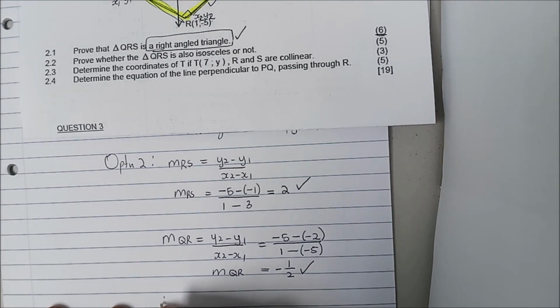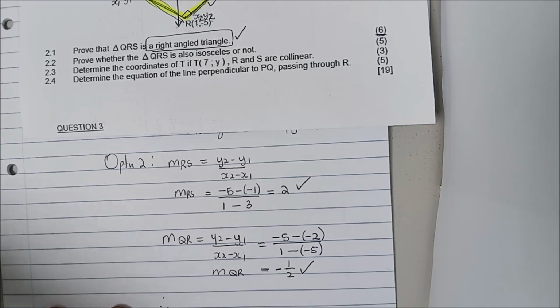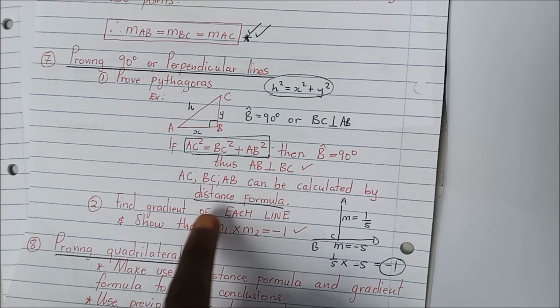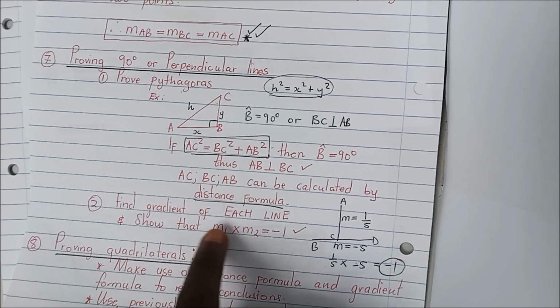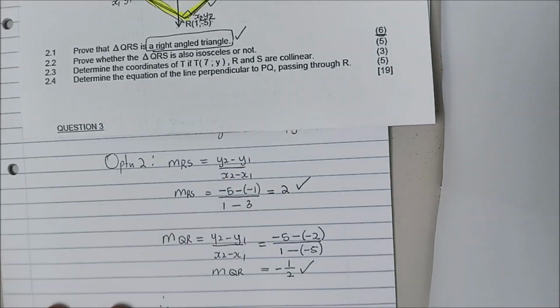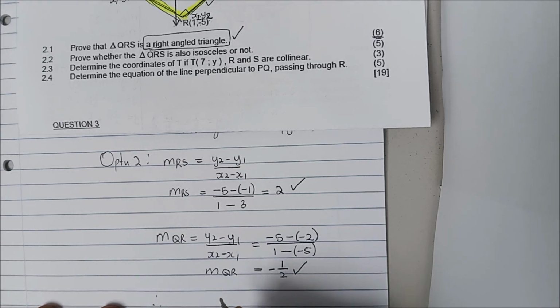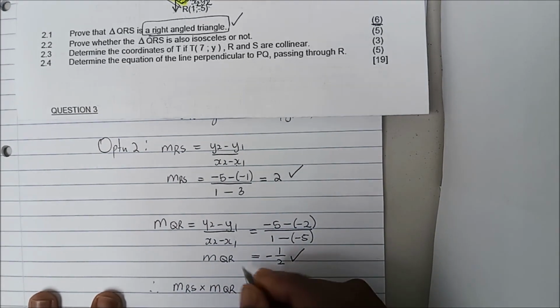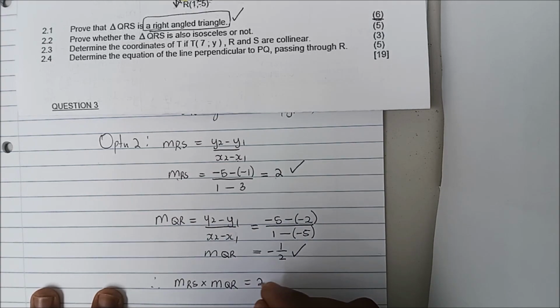So now what do you notice about the two answers? Let's find the product, because I said you find the gradient of each line and show that m1 times m2 is -1. So now we have to multiply the gradients. So the gradient of RS multiplied by the gradient of QR equals, the gradient of RS is 2 multiplied by -1/2.